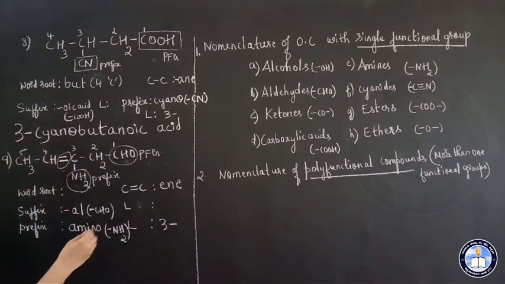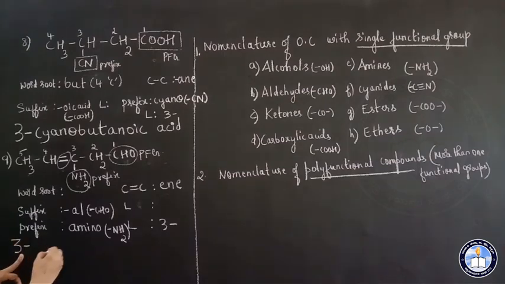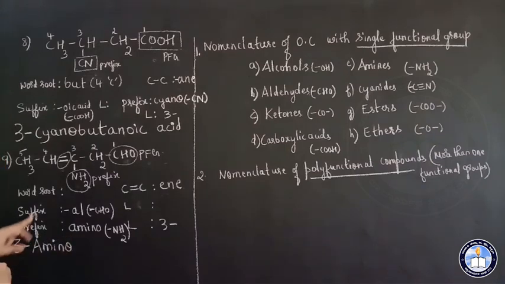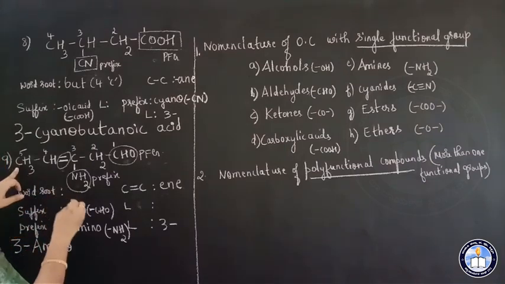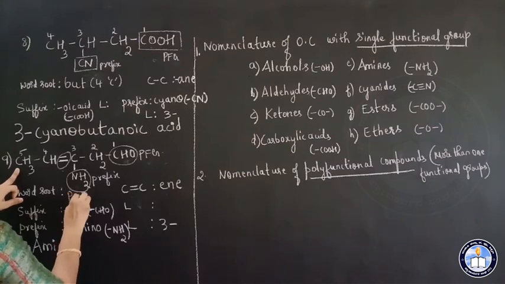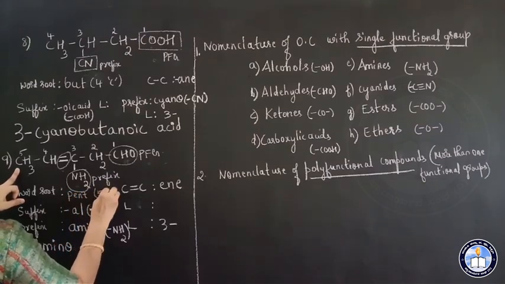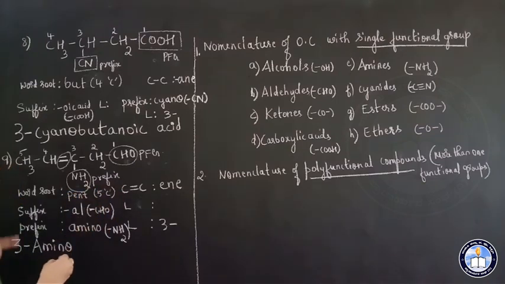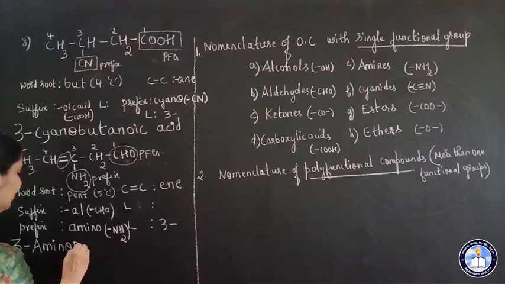So now we will write the name, prefix 3-amino. Amino, prefix is over. Word root, I have not written here word root, right? 5 carbon atoms means pent.